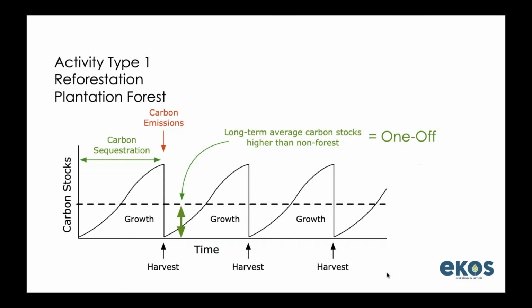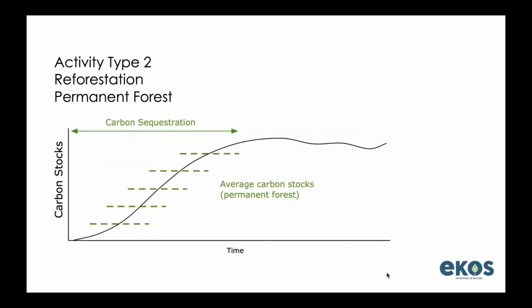So even if you grow your forest following the curve, and then you harvest in the future, and then you grow again, and you harvest and grow again, your average carbon stocks, which is your dotted line, is going to be higher than a landscape which has no forest on it at all. And it's just that average change in carbon stocks that are the benefit, and they get issued to a project as a one-off at the beginning in the first rotation of a plantation.